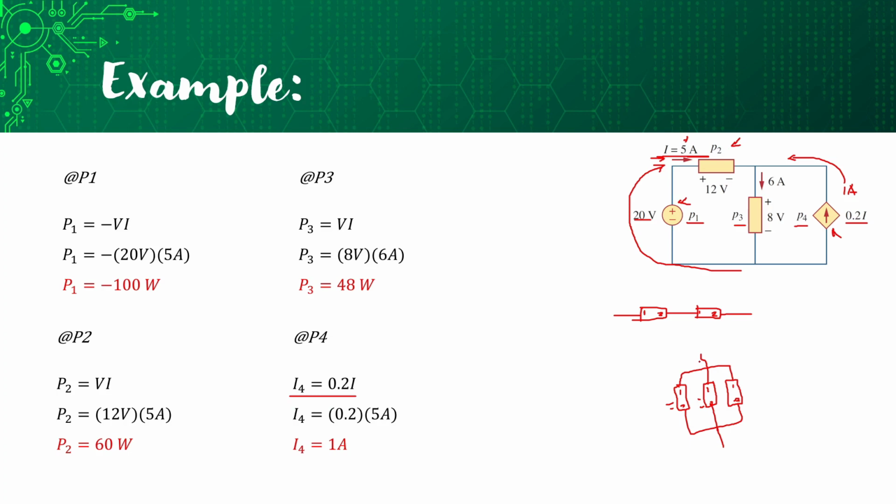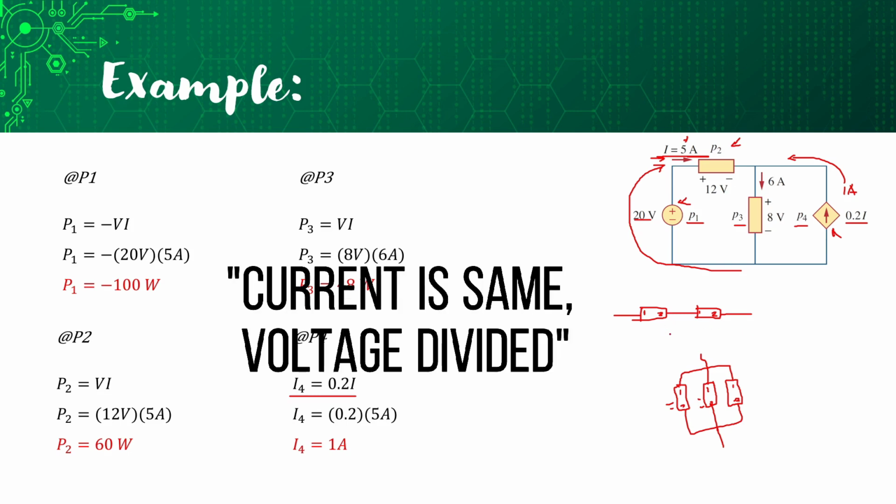Why do we need to determine what type of connection this circuit is? Because there is a rule bound to each connection. First, in series, you need to remember that the current is the same and the voltage is divided.